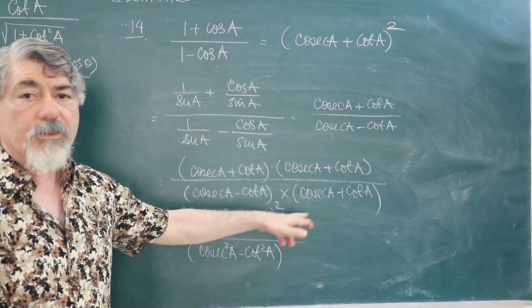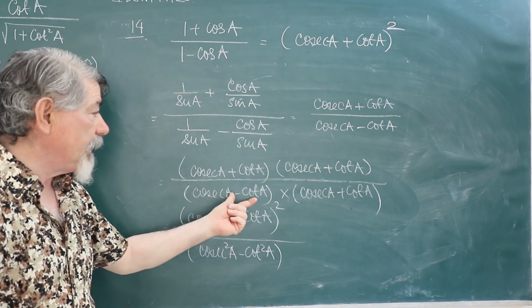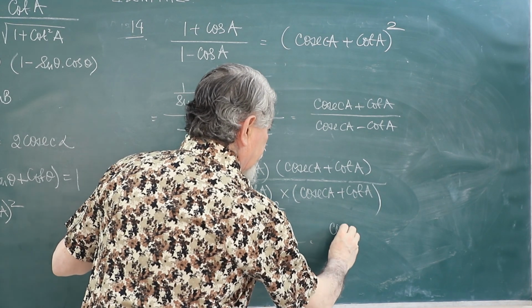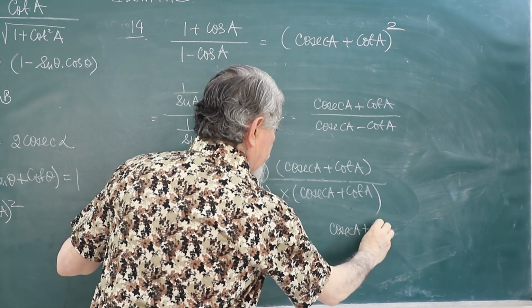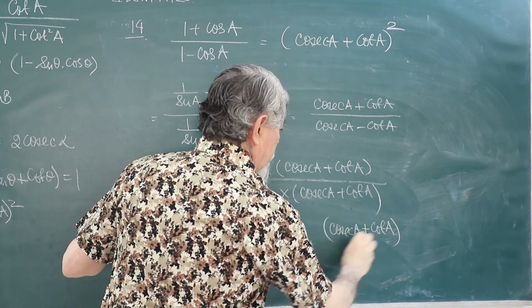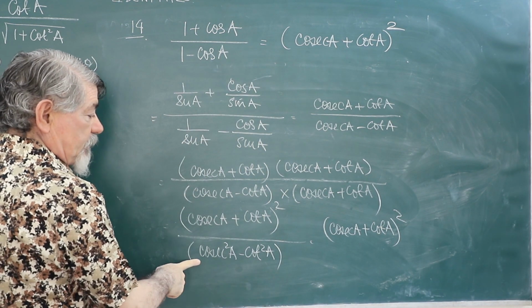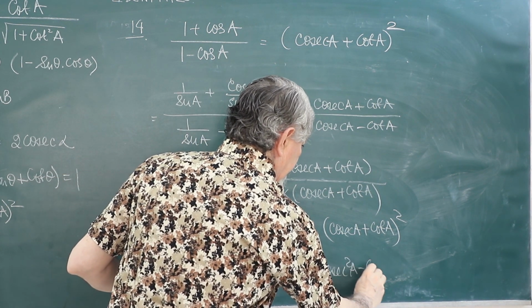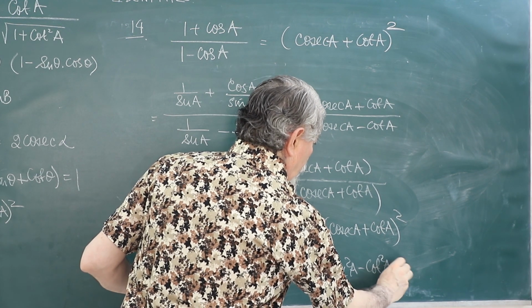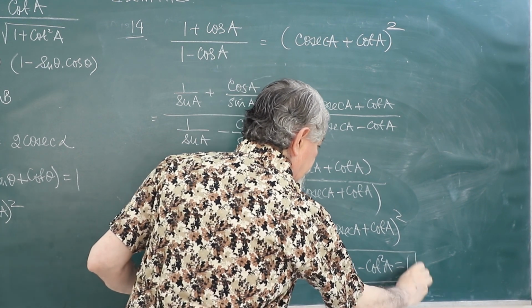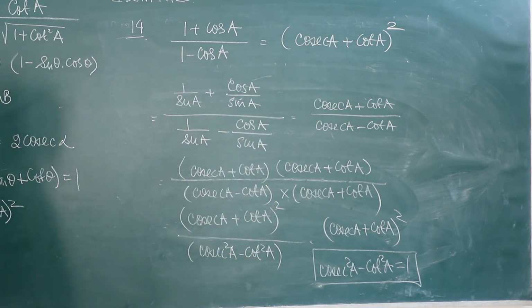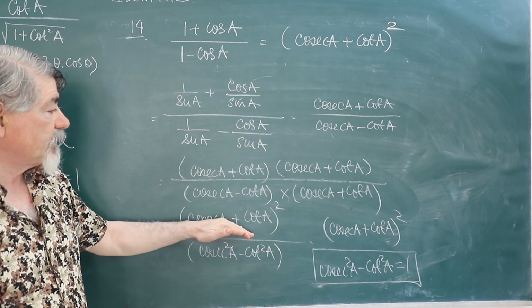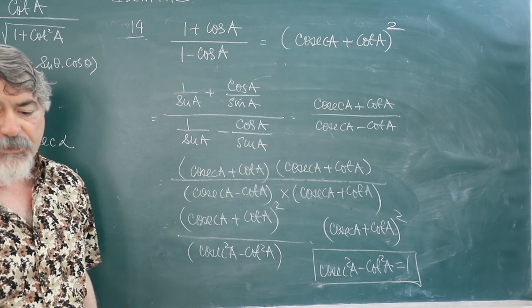Cosec A minus cot A, cosec A plus cot A, so A minus B into A plus B. So it will become cosec A plus cot A whole square, and the denominator cosec square A minus cot square A is 1. So the denominator gets 1 and the numerator becomes cosec A plus cot A whole square, which was required to be your answer.